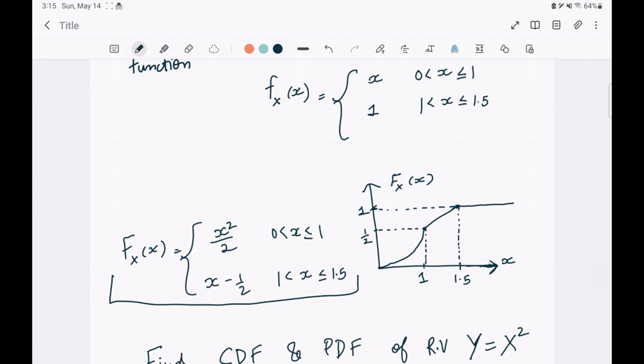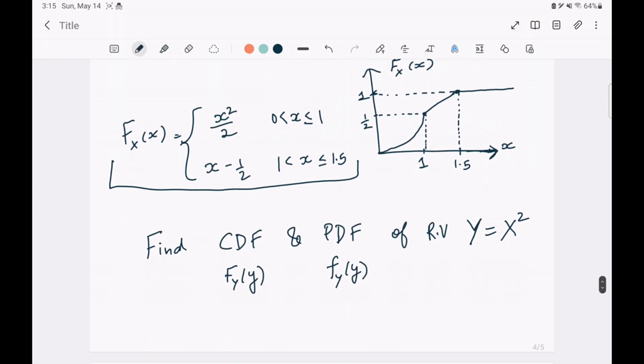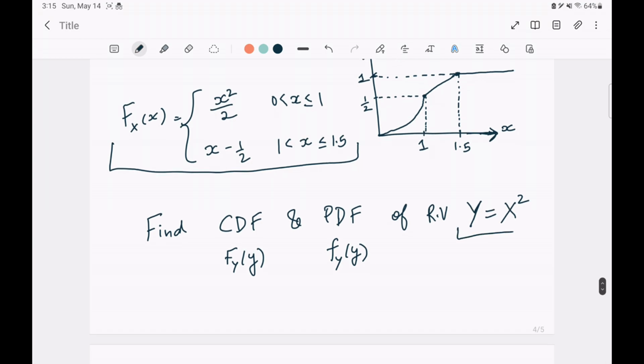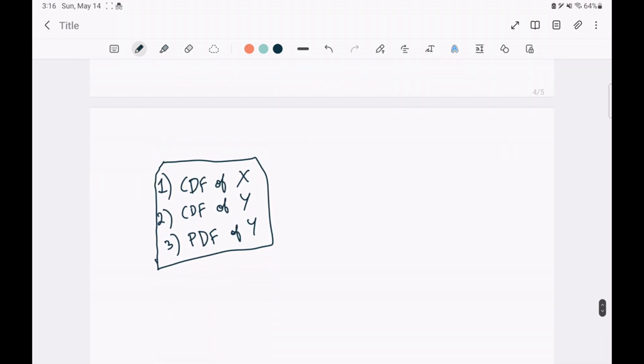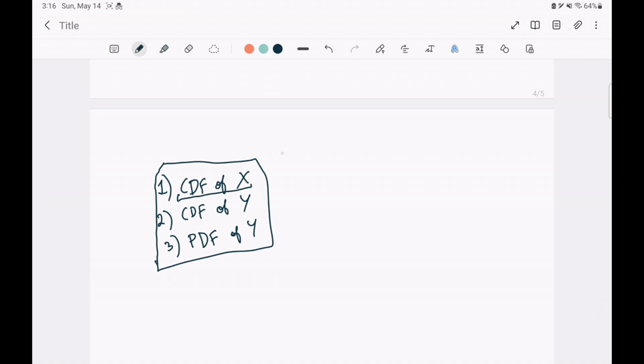Now let's take an example of a random variable y, where y equals x square. We have to find the cumulative distribution function of y and the probability density function of y. Just like I explained in the previous video, we will follow the basic steps. First we find the cumulative distribution function of x, which we have already found, capital F of small x.